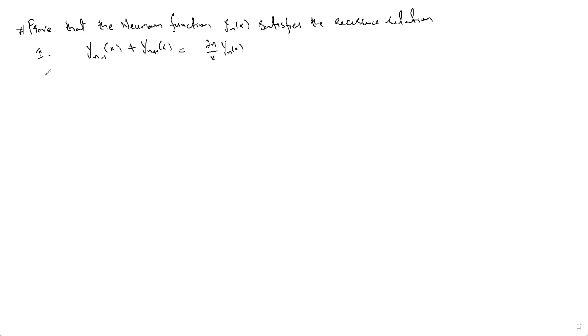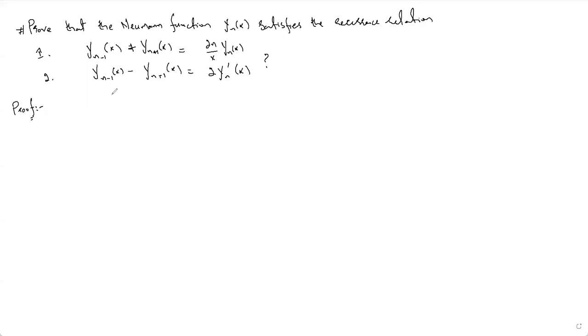This is the first one, and the second one is Yn minus 1 of x minus Yn plus 1 of x is equal to twice Yn prime of x. We have to prove these two relations. I will show you one, and the second one you can prove yourself.